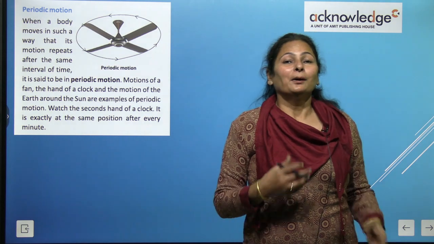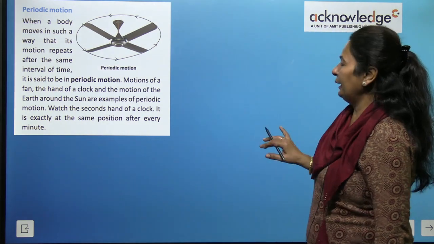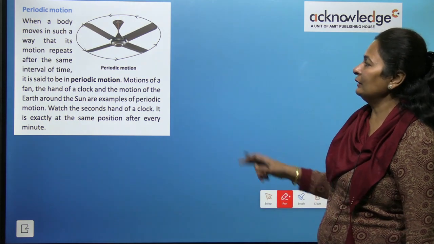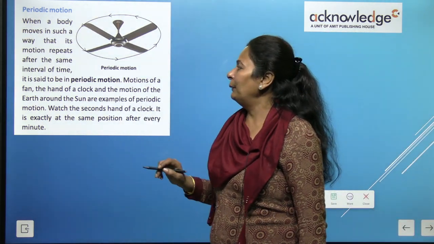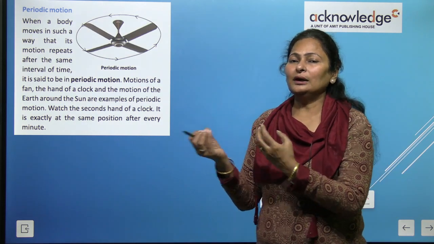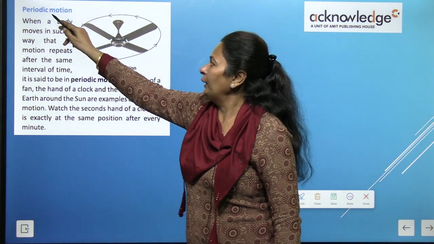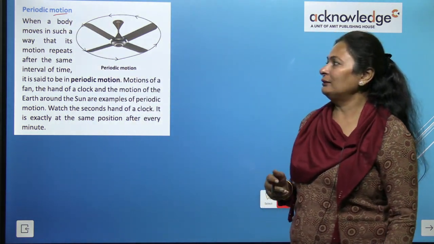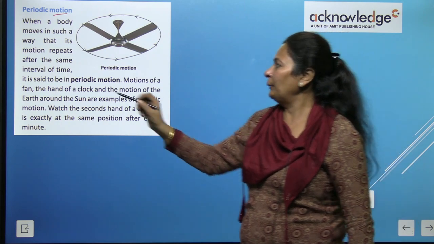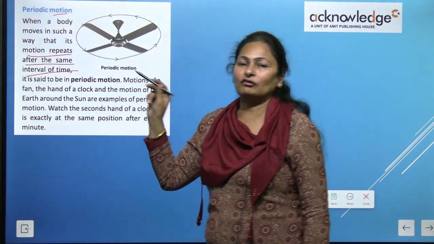Next is periodic motion. In periodic motion, again the things are moving in a circular motion, but with an equal interval of time. Like a fan, when a body moves in such a way that the motion repeats after the same interval of time.